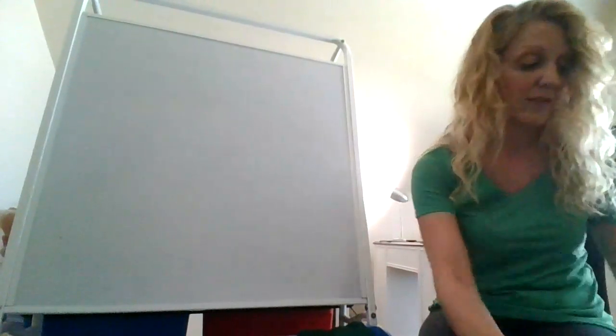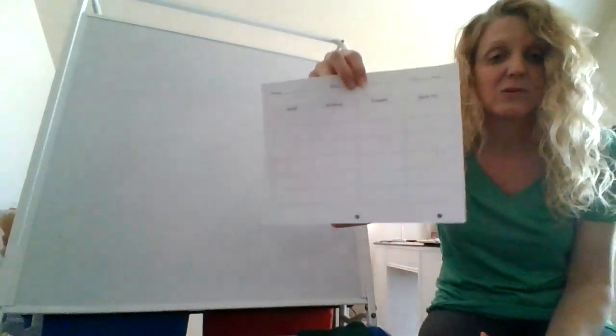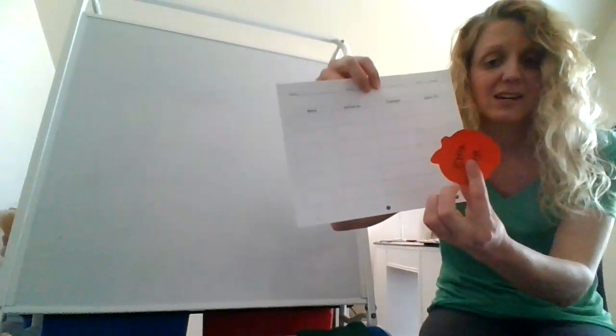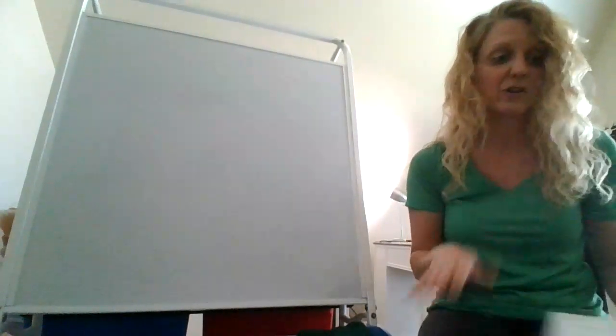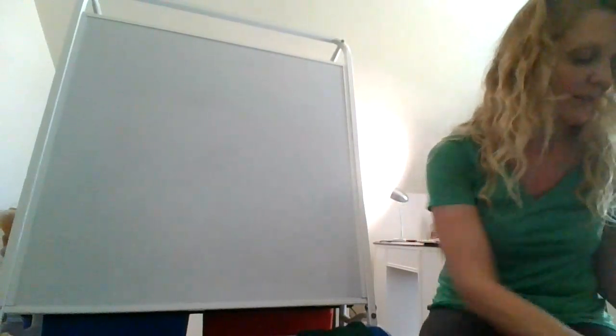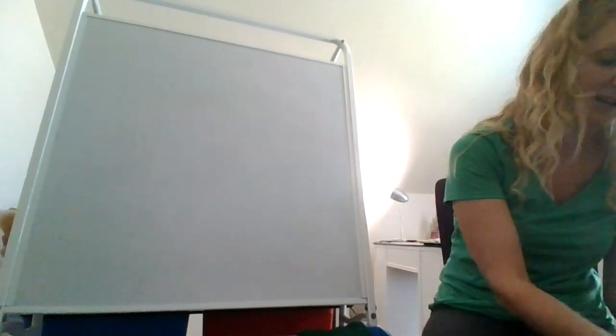Let's get started with vocabulary. So remember, you can use the chart I gave you as an extra. You can print the one from the email, or you can write on your own paper. So this is going to be Unit 6.